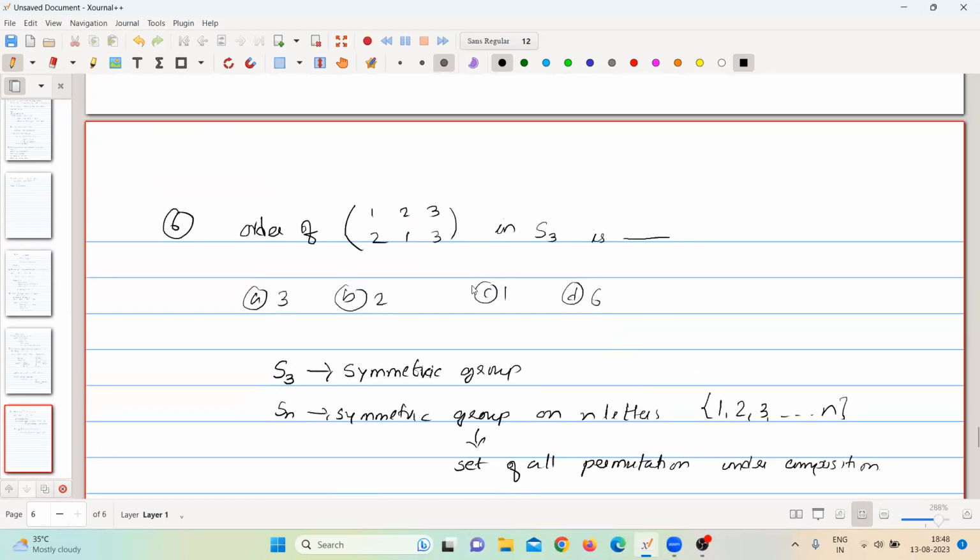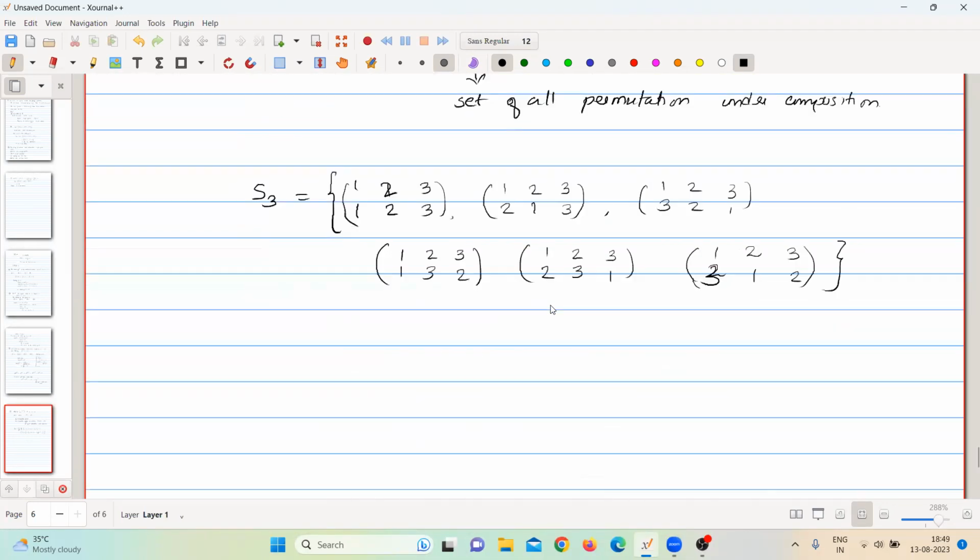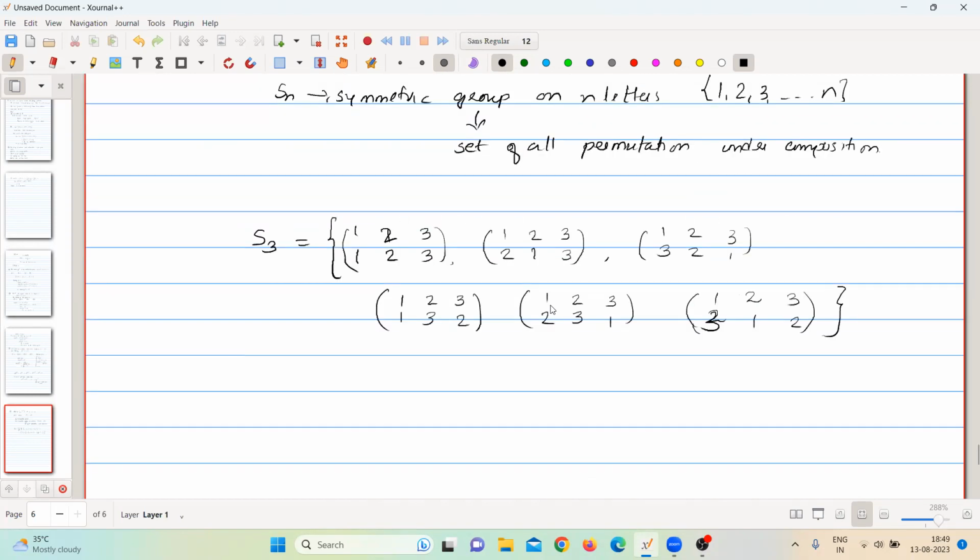So the question is: 1 to 2, 2 to 1, 3 to 3, a permutation in S3. What is the order of this in S3? What is the meaning of the order? The definition of the order of an element: a power n equals e, where n is the least possible positive integer. Yes.